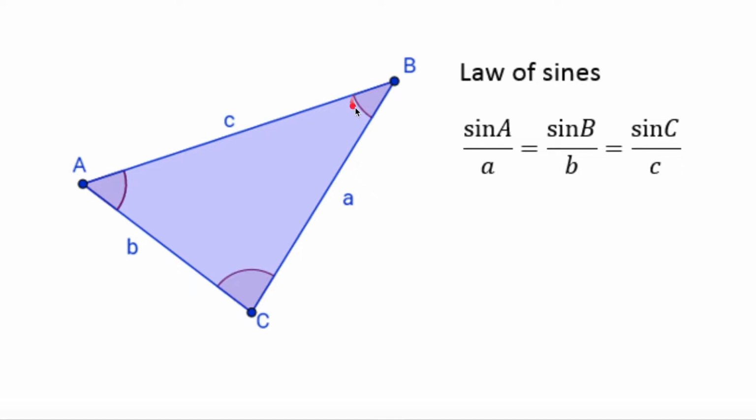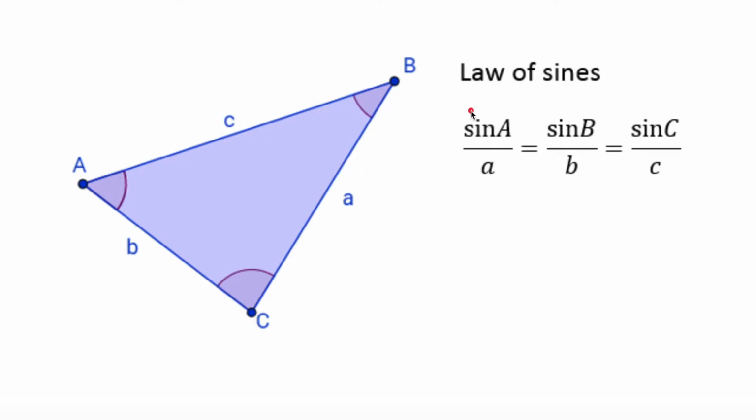This is capital B, which means this is the angle of B. If I draw a straight line, it will hit this side, which means this is small b. Same thing with C. Angle C goes straight, it hits this side, which means this is small c. So this is an easy way of figuring out how to label your triangle.